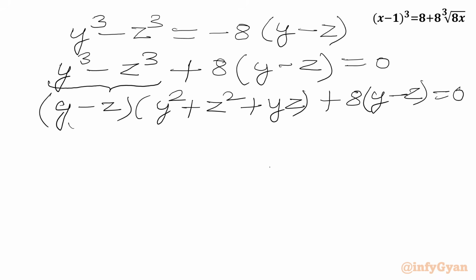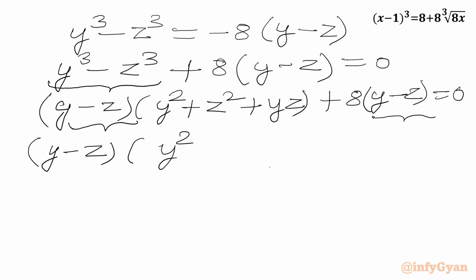Now we can take y minus z overall common. So we can write y minus z in one bracket. In the other bracket we will be writing y square plus z square plus yz plus 8, equal to 0.